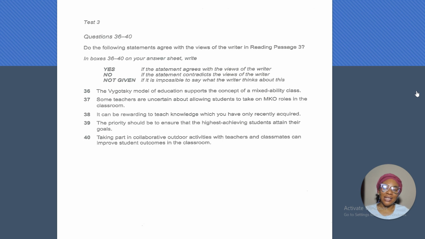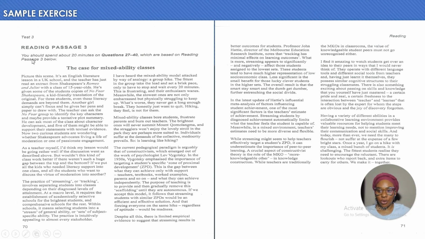Look at the instruction here. Under reading passage 3, it says you should spend about 20 minutes on questions 27 to 40. So questions 27 to 40 would all be based on this one passage, okay?